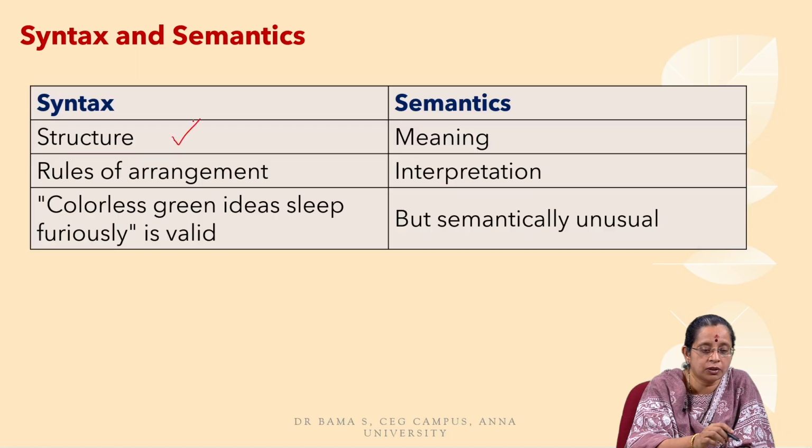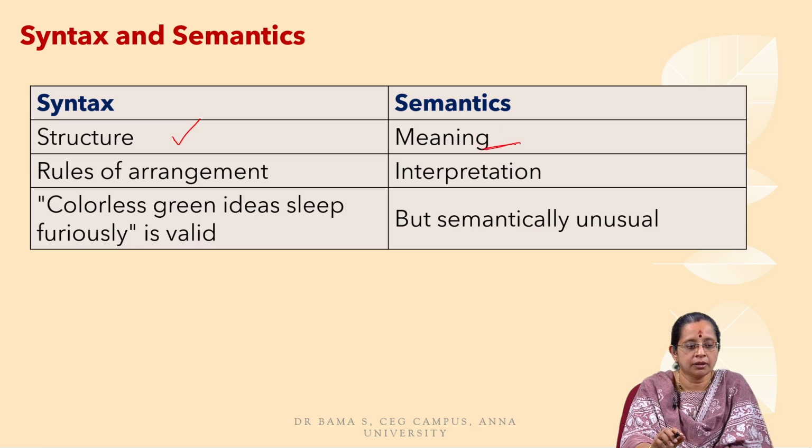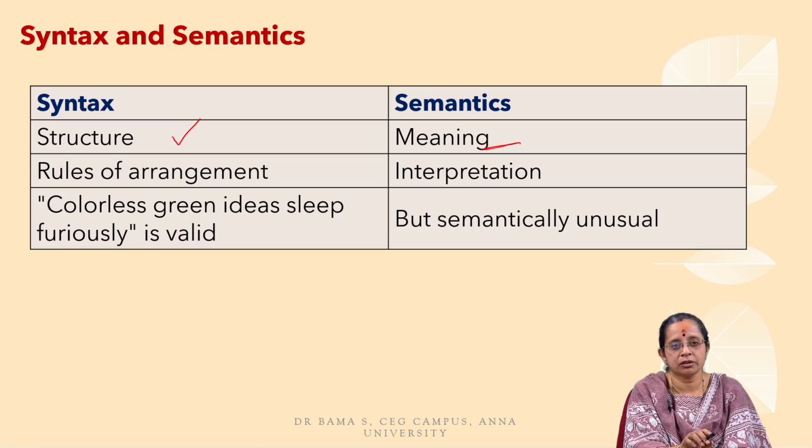Now, coming to the semantics portion of it: the syntactic side, towards the left, addresses the structure, the grammatical sense, whereas semantics will address the meaning of the sentence. The syntax works only with the rules that we give, like the context free grammar.